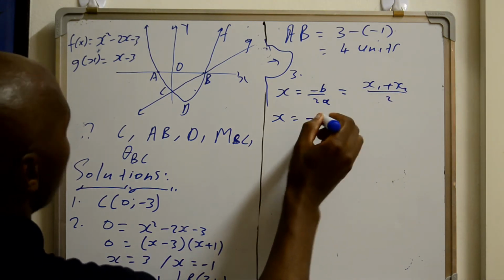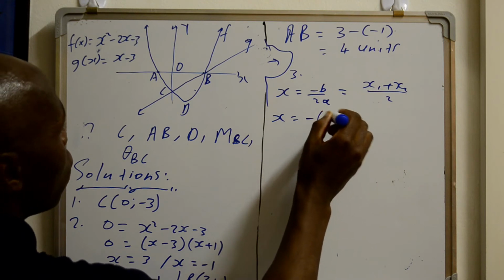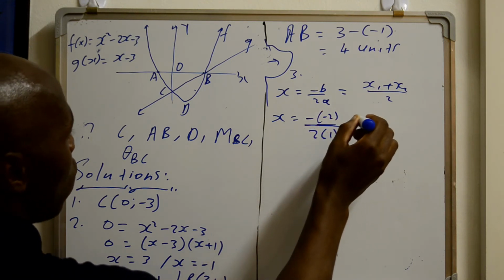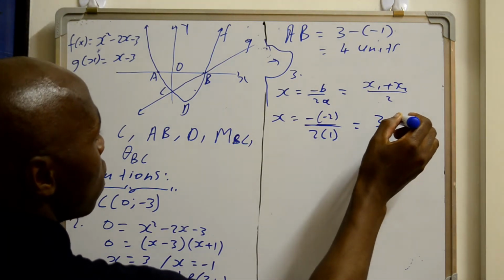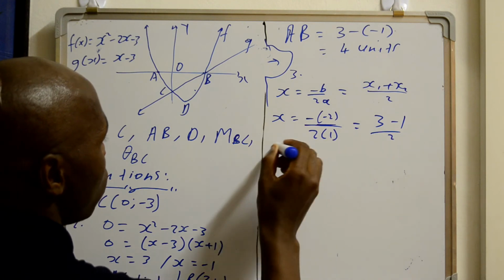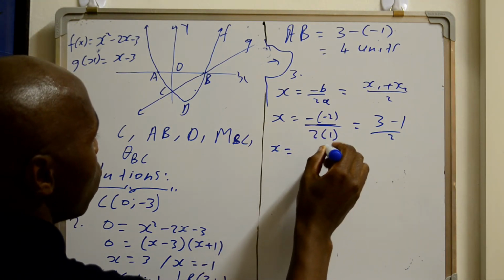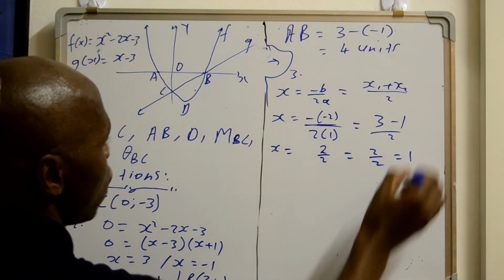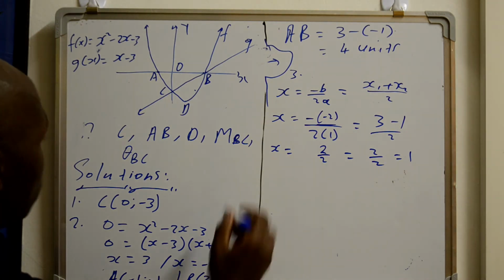So this is minus b, which is -2, over 2a, and a is 1. Also here you've got 3 minus 1 over 2. So your x value is 2 over 2, which is 1. So that is the x value of your turning point.